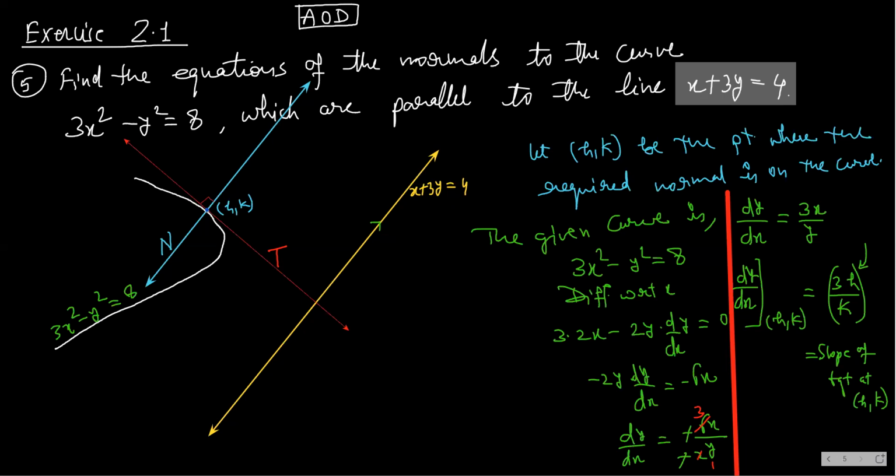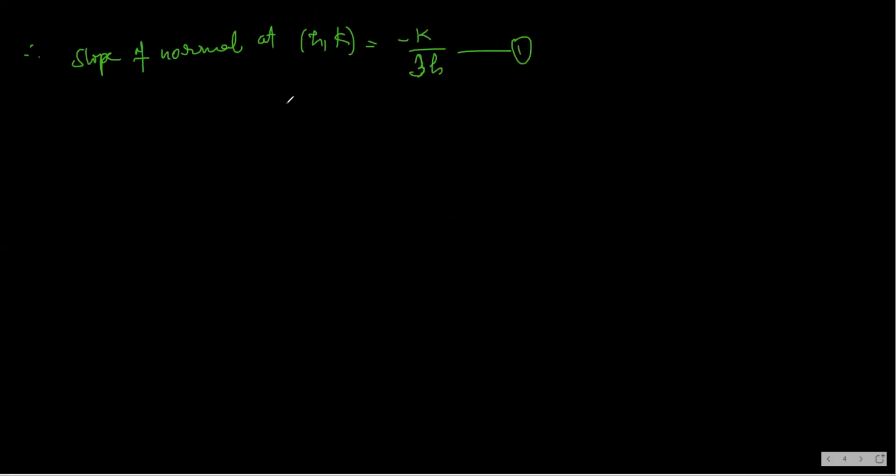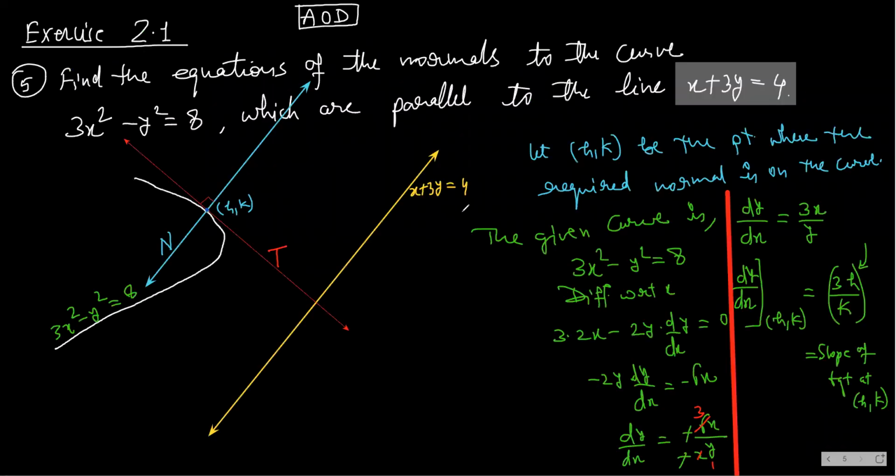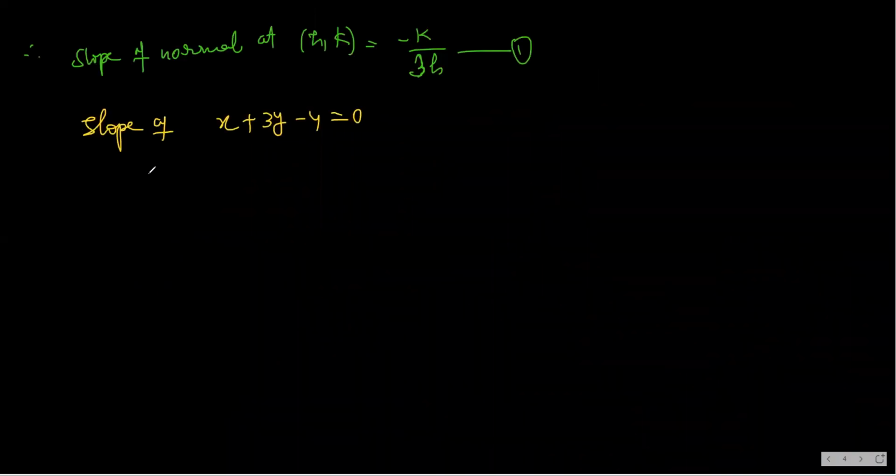I will write the slope of x plus 3y equals to 4, that is x plus 3y minus 4 equals to 0.